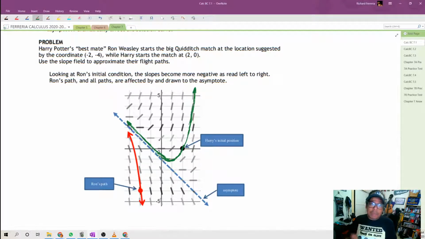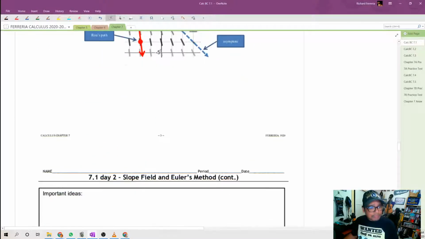This is just approximate, so don't feel like someone's going to be measuring and saying, oh, your slope is supposed to be 1.5, your slope is actually 1.6. No one is going to do that. You just need to be following the flow of the slope field. That's what I'm going to say about that. So there's our slope field equation.